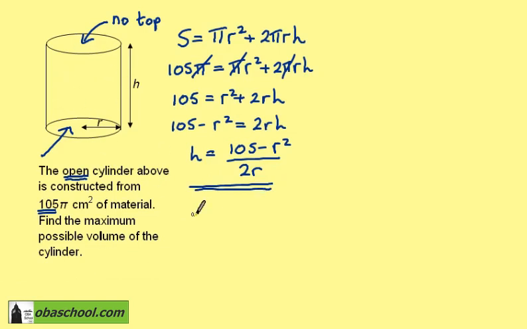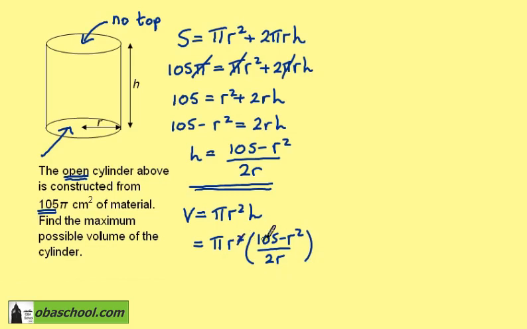We now need an expression for the volume. The volume is pi r squared h. We have this expression for h, so we get pi r squared times 105 minus r squared over 2r.